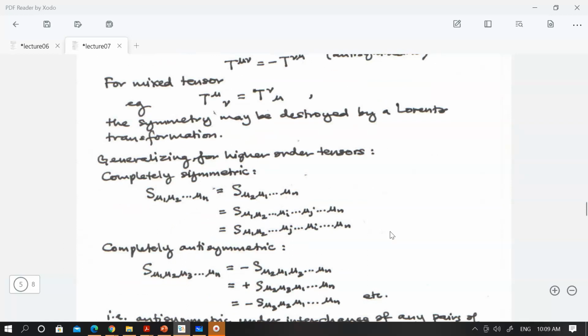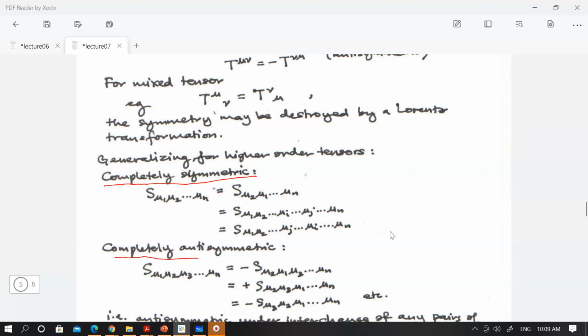Well, we can generalize again what we had for the rank 2 tensors. Okay, so we can consider what we call a completely symmetric tensor, for which if you interchange any pair of these indices, they just give you back the same thing. Okay, so that's a completely symmetric tensor.